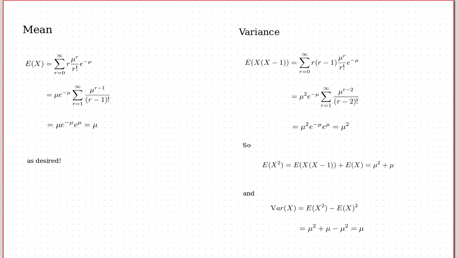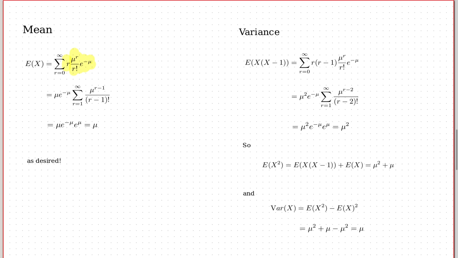It's easy to do. Remember, the definition of expected value is that you take the sum of r times the probability of r, over all r values, which in our case goes from 0 to infinity.